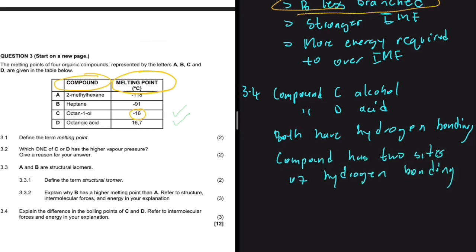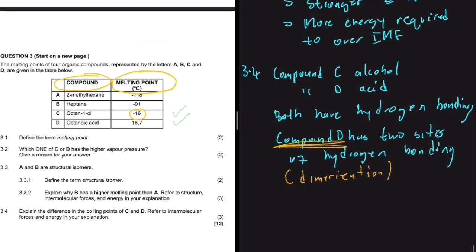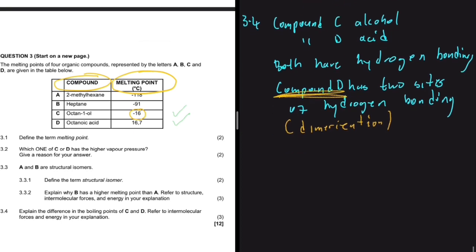Now the question you might be asking yourself is, wait a minute, why are you saying compound D has two sides of hydrogen bonding? That is because acids can go under a process called dimerization, and alcohols cannot. If it has two sides of hydrogen bonding, it means compound D has stronger intermolecular forces.